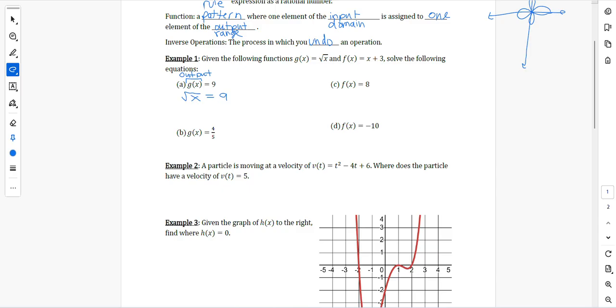Well, to do this, I can plug in that square root of x. So then how do I undo the square root? Square. Square this side. Square this side. The square root and the square cancel out. X is 81.